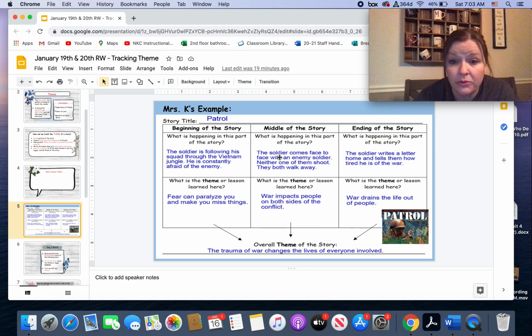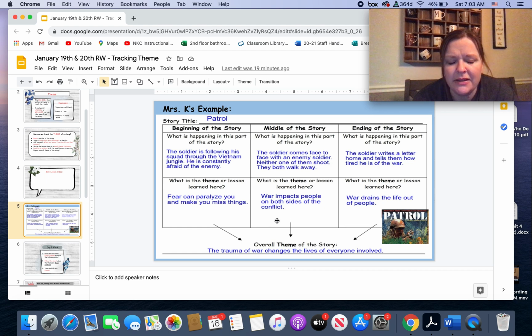So again, I wrote, well, what's happening in the middle of the story? And then I had to stop and ask myself, well, what's a lesson that I can learn about life from that? And since the book's about war, I feel like it's teaching me a lesson about war, right? I'm not in a war right now, not in a physical war, but it can teach me about war in general.